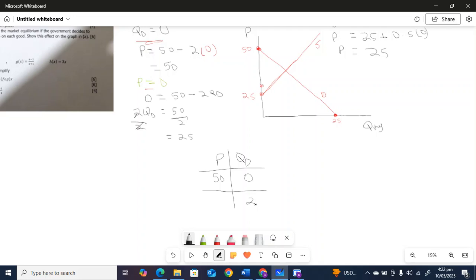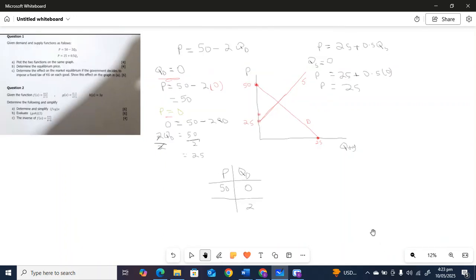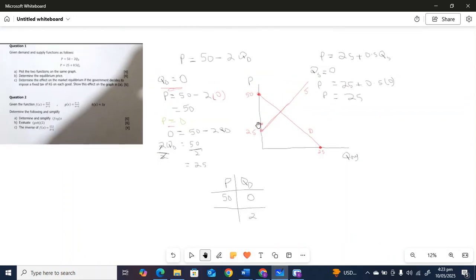So when quantity demanded equals 2, you go back to your demand function. So colleagues, let's go to our demand function. When QD equals 2, what is the price? When you substitute 2 into this demand function, what is the price?